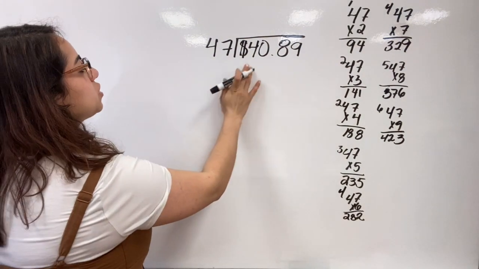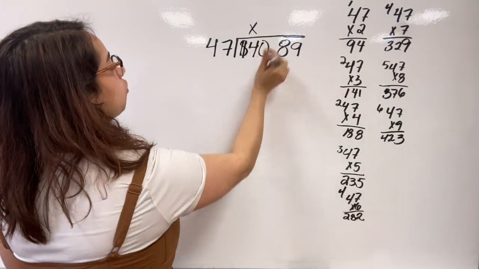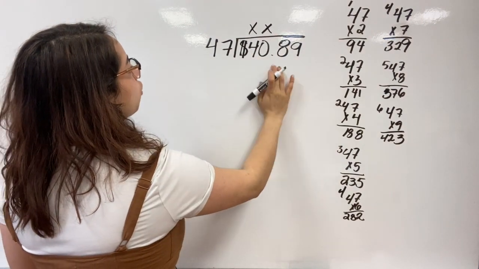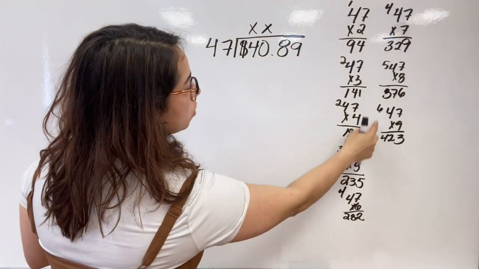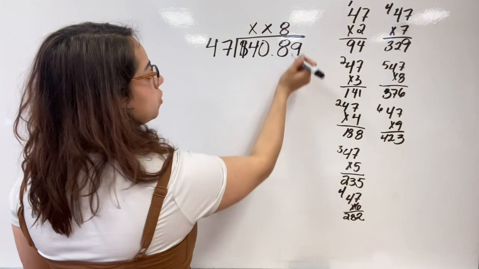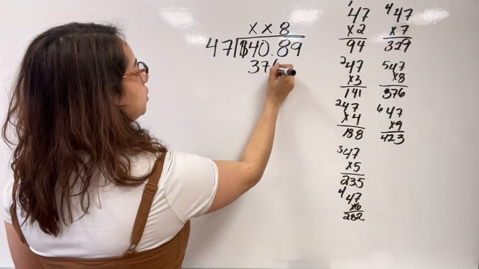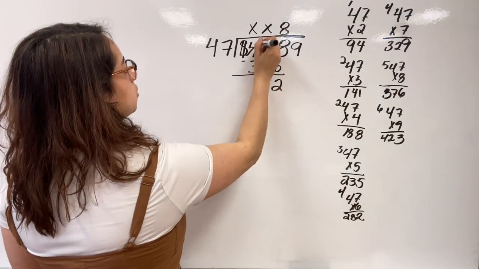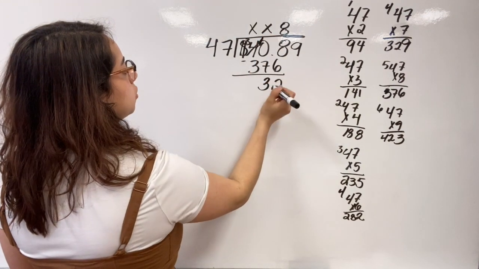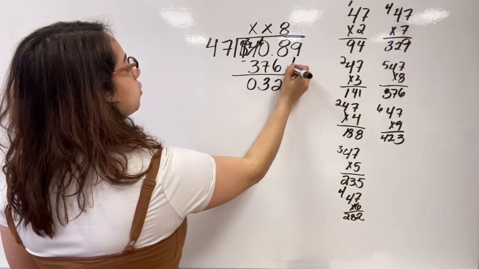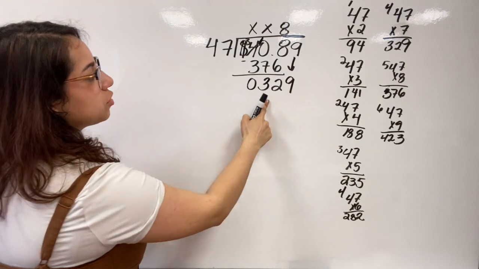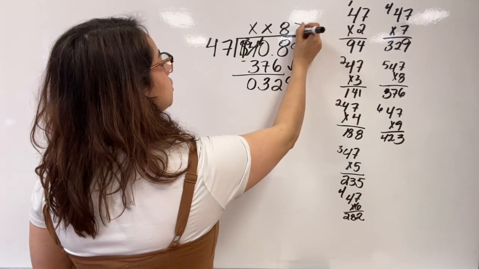So 47 into 4, it can't. 47 into 40, it cannot. 47 into 408. The closest one is 8, which gives me 376. I'm going to have to borrow. All right, and there's nothing here. So now carry down the 9. Now 329, it goes in perfectly 7 times.